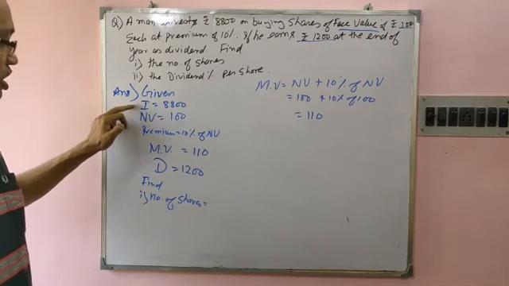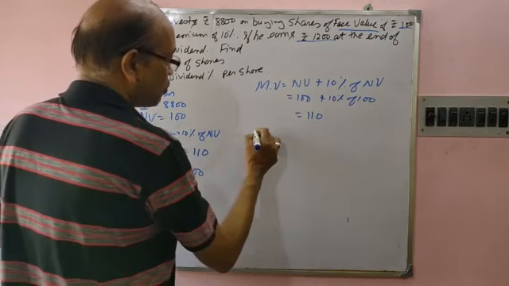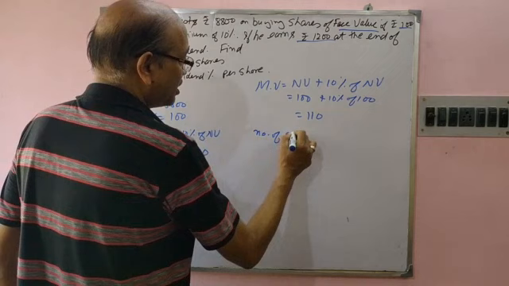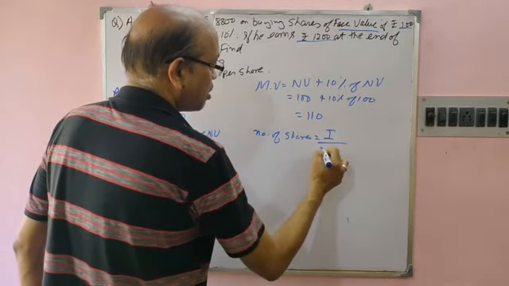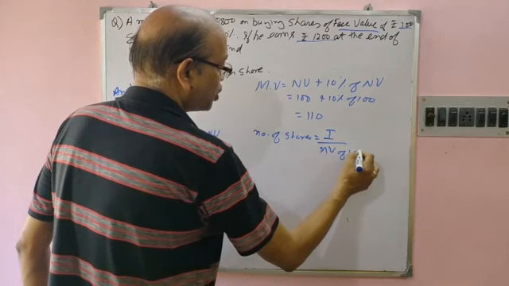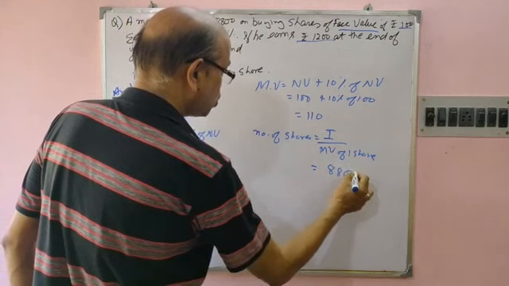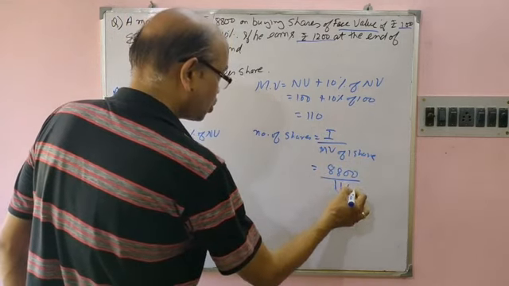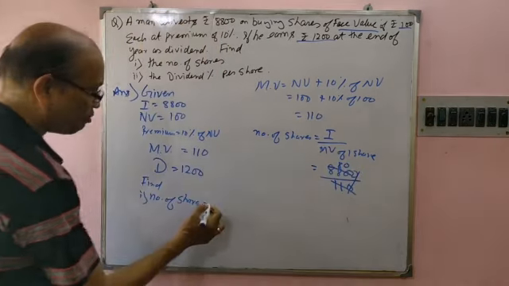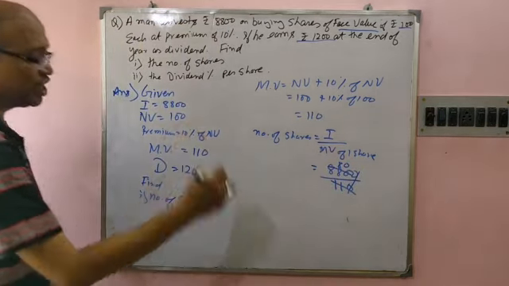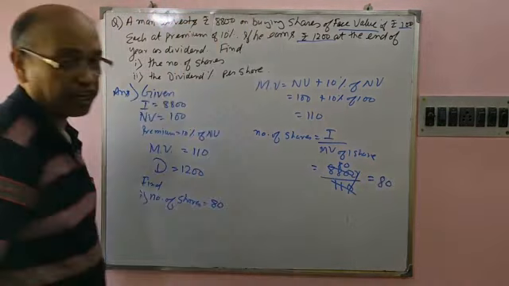So we can use this formula for the number of shares. Therefore, number of shares is investment by market value of one share, which is 8800 by 110. Therefore, number of shares is 80 shares.